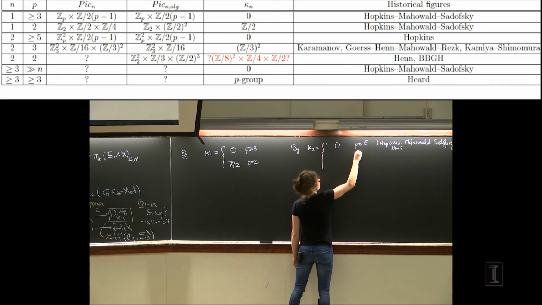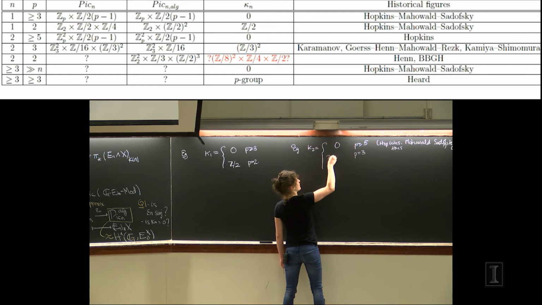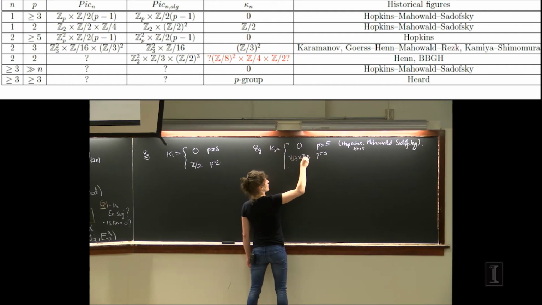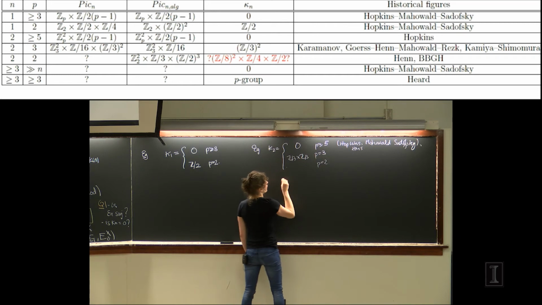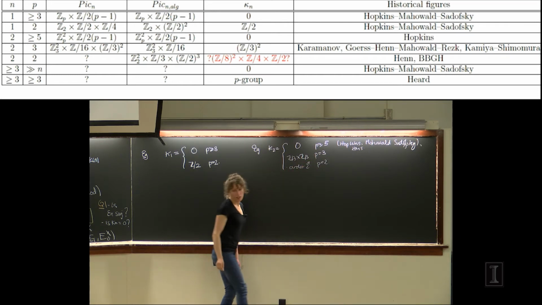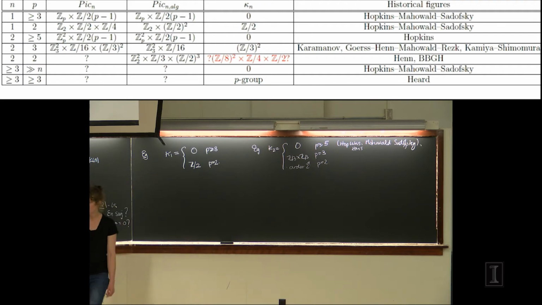And if p is equal to 3, it's a Z mod 3 times a Z mod 3. And if p is equal to 2, it has order 2 to the 9th. And it's one of two groups. I picked the one I think it probably is and put it on there, but it's in red surrounded by question marks. So it looks something like that. It's close to that.